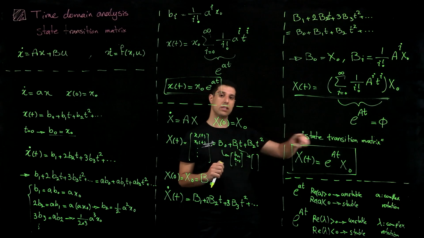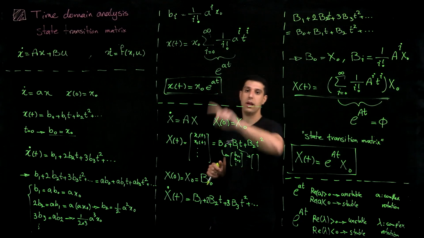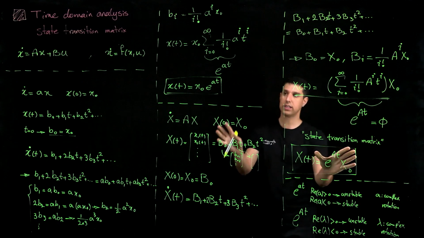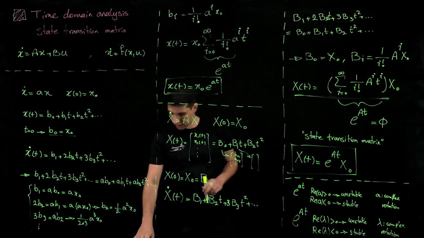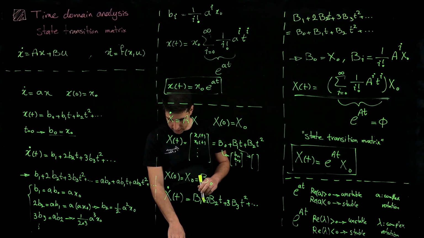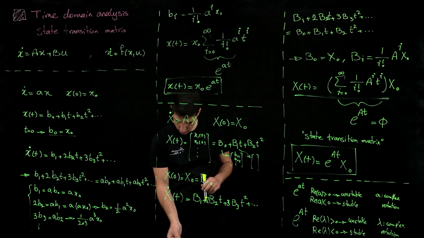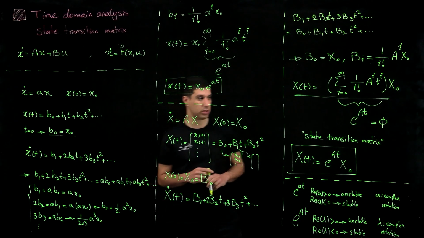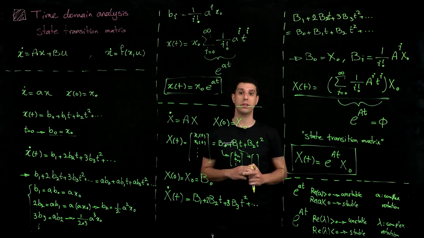That would give us the same response that we would expect in a scalar system. So very similar analogy. Let me check if I'm missing anything. We covered this, we covered that. Okay, so let me clean up the board and I'll come back with a couple more items and we wrap up this lecture.